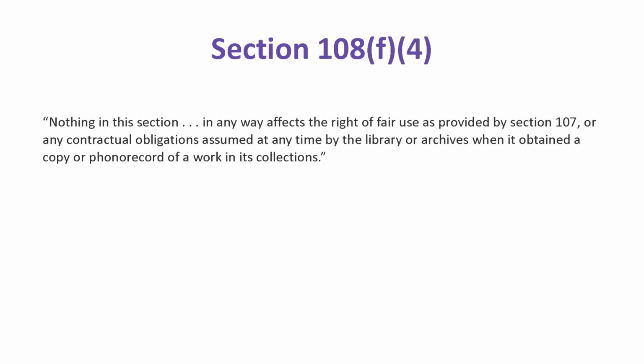It seems to indicate that the rights of fair use as provided by Section 107 shouldn't be affected. And so maybe that means that option 2 is the right answer, that these things are just separate, that they shouldn't be considered together. But I think it certainly indicates that option 1 is off the table, that libraries have access both to fair use and to the specific limitations and exceptions that are provided by Section 108.